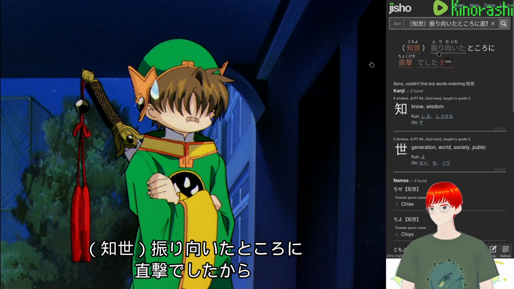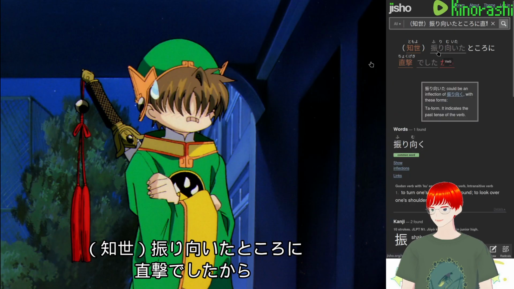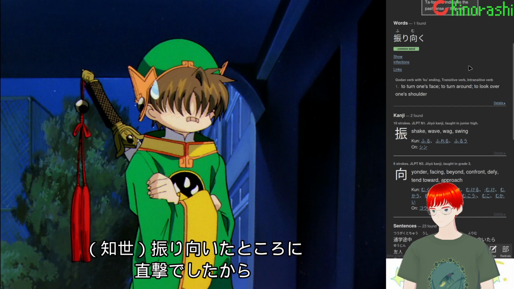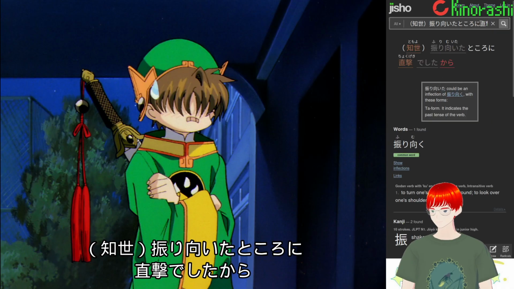Let's see. Furimuita, furimuku, to turn one's face, to turn around, to look over one's shoulder. That's from furu, to shake, and muku, is that to turn or face?